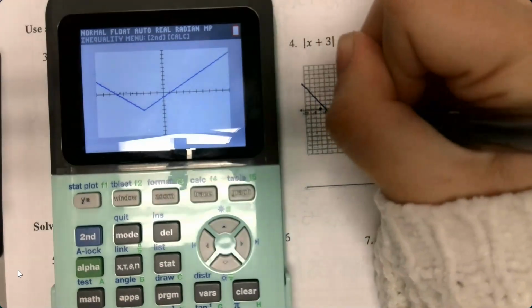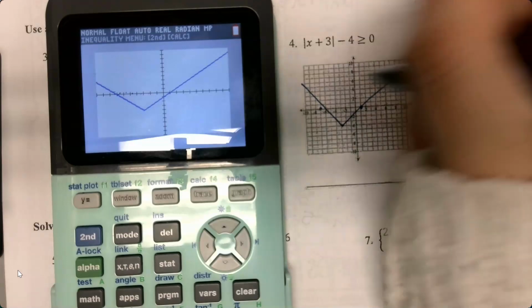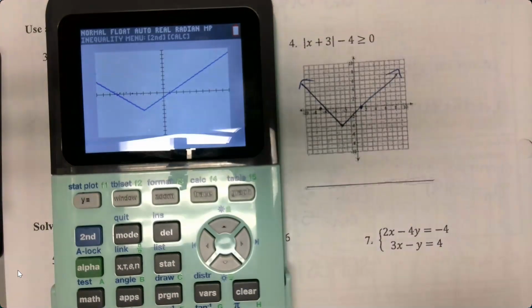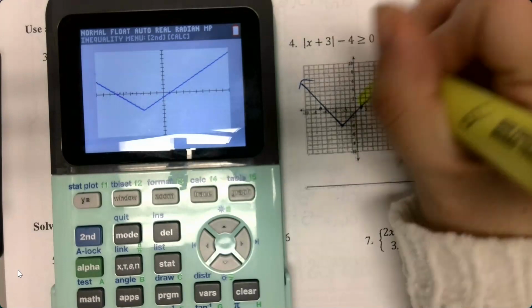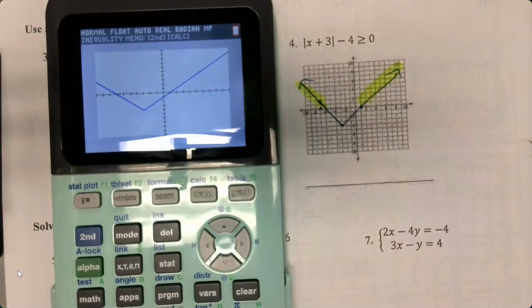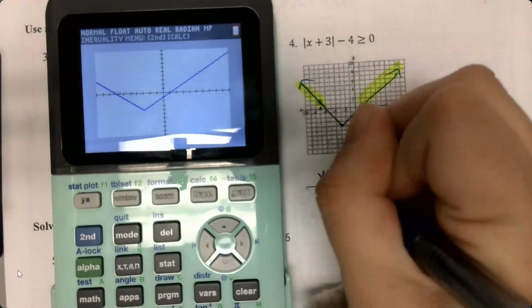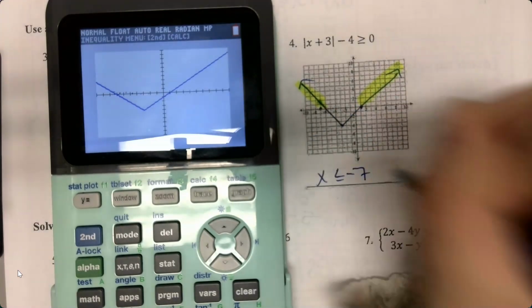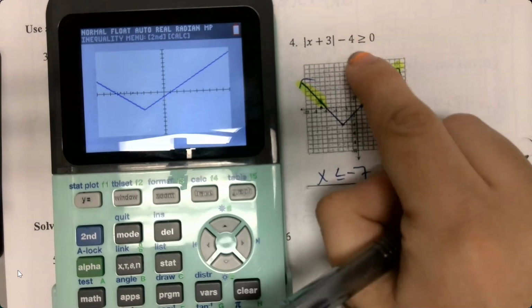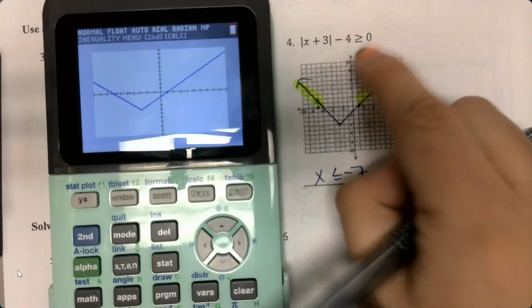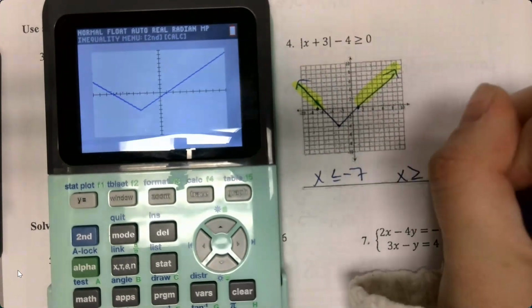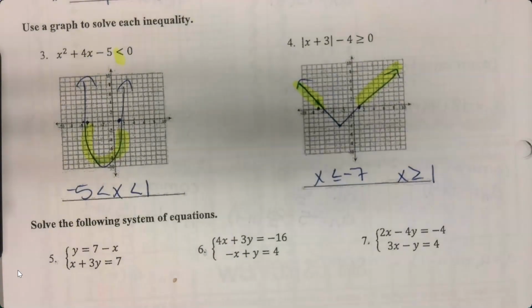And then I just want to draw a rough sketch of this, because my y values aren't important, just my x values. I want it greater than or equal to 0, so above the x-axis my y values are positive. This is x is less than or equal to negative 7. I want to make sure my sign matches the sign up here with the line underneath. And then I also want x greater than or equal to positive.